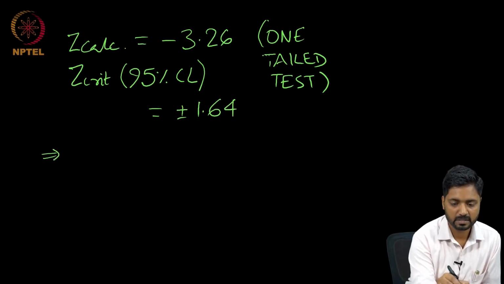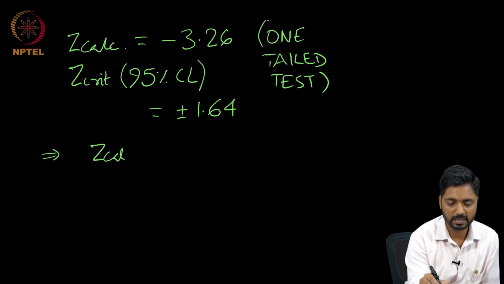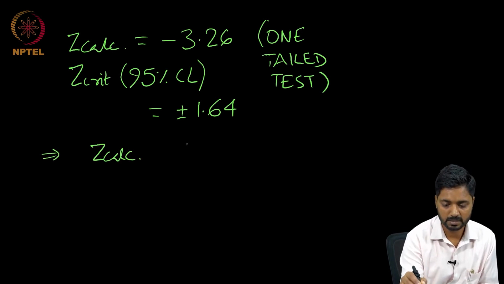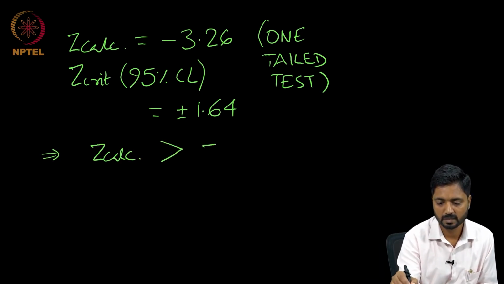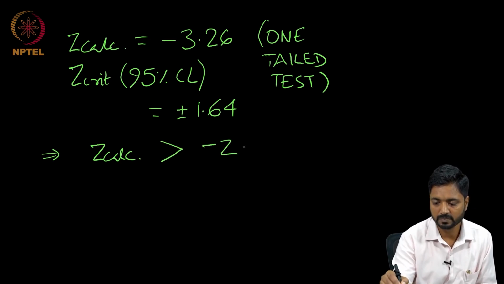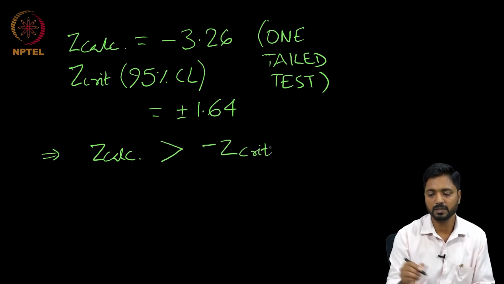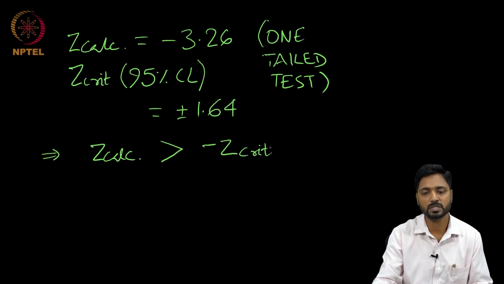This implies the z calculated value is greater than the negative z critical value of minus 1.64.